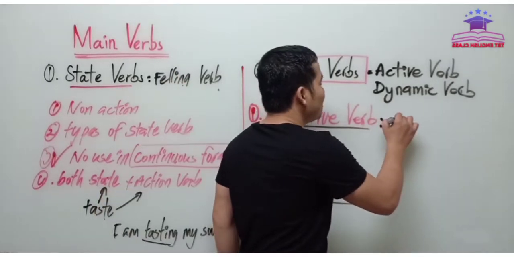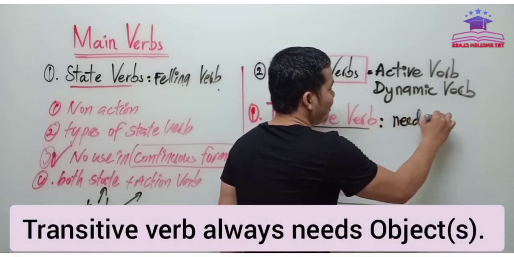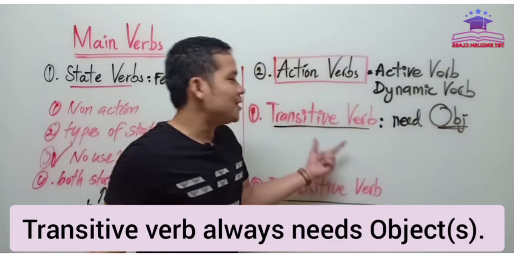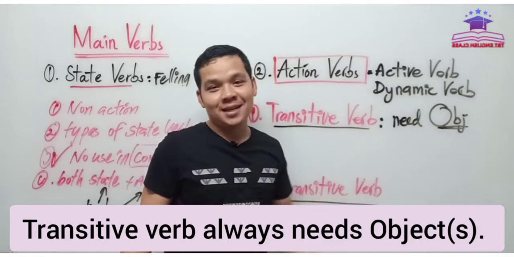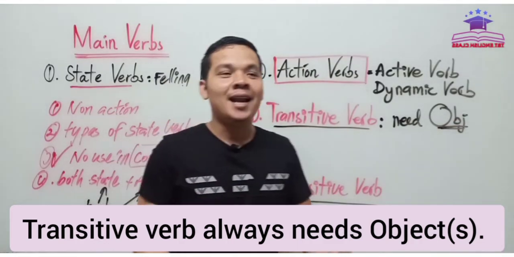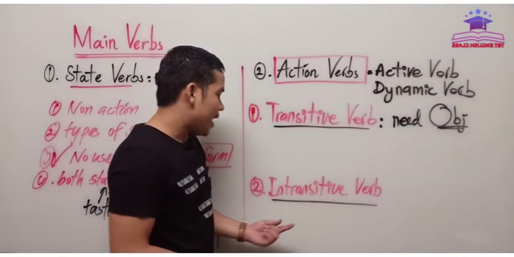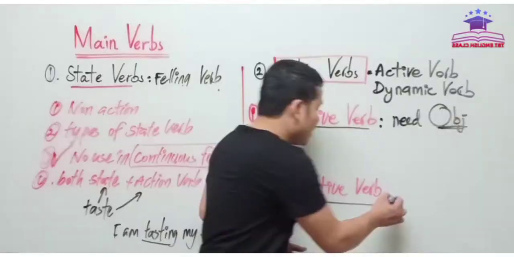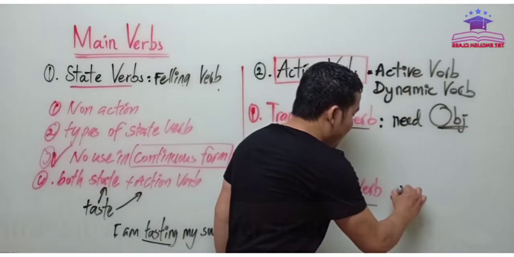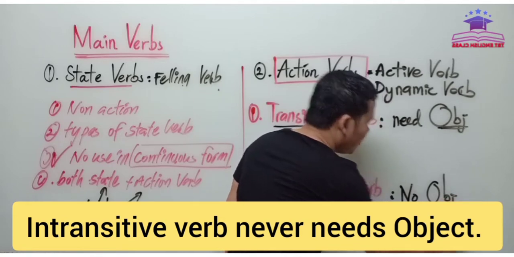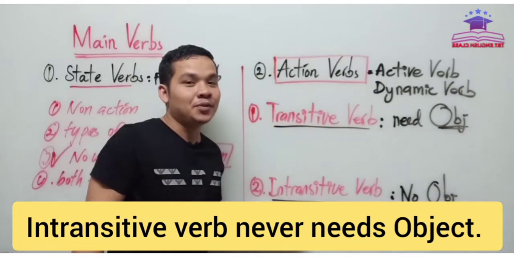Transitive verb is the verb that needs an object. Yes, transitive verb is the verb that needs an object in the sentence to tell information about the verb. What does the verb need? And what is intransitive verb? Intransitive verb, we talk about the verb that needs no object. We don't need an object with intransitive verb.